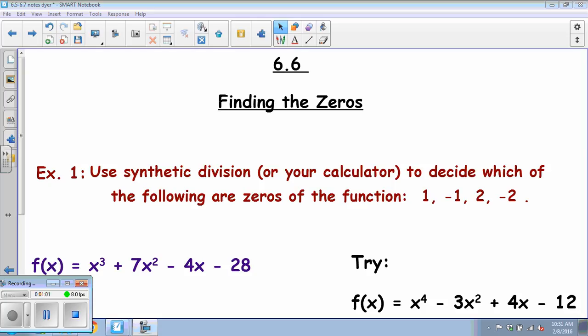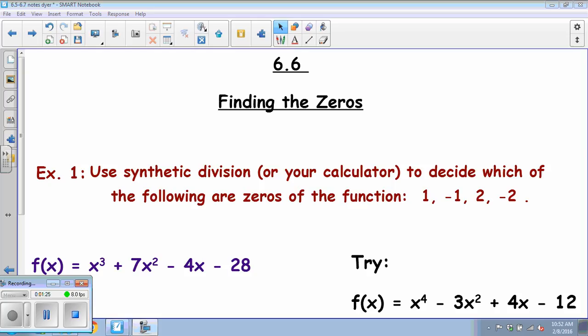Okay, so that's one method. You could take that value for x and plug it in for x. If y equals 0, then it's a solution. Another thing we could do, if we use synthetic division with that solution, what needs to happen for it to actually be a solution?